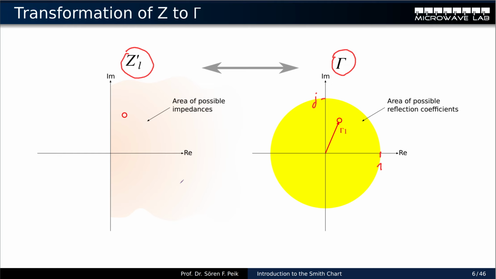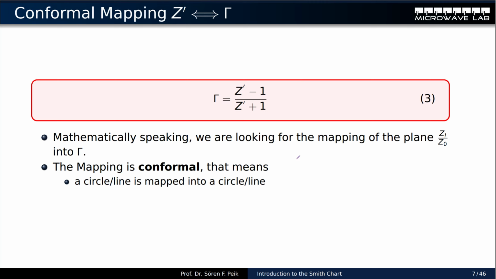So what happens now? Any impedance value you choose here can be mapped to a unique gamma value in that plane. So our goal is now to find the graphical mapping between all the impedance values you can have and all the gamma values you have. And there's always a unique relation between the two. As I said, this is called a mapping.